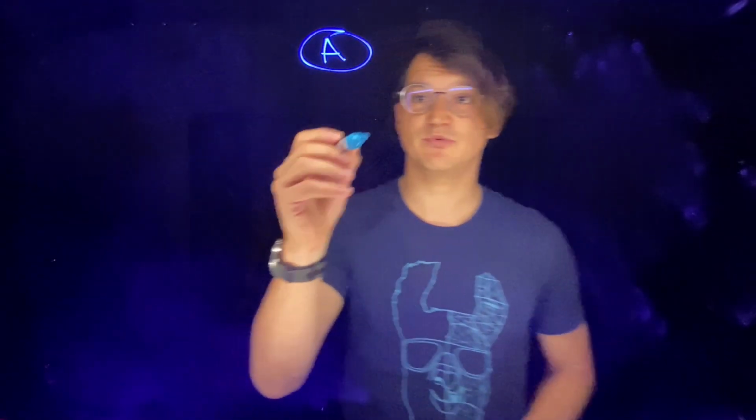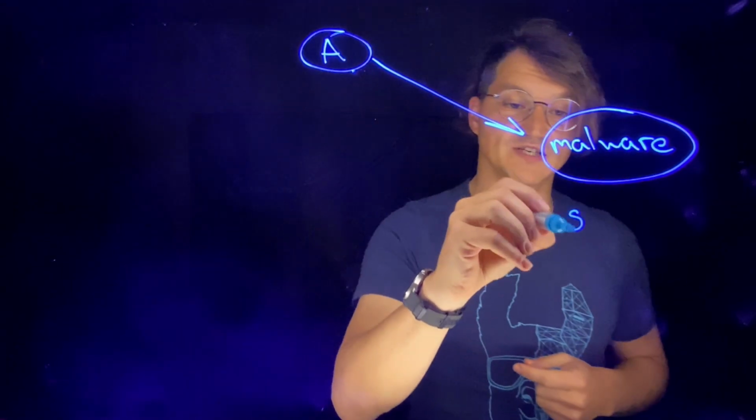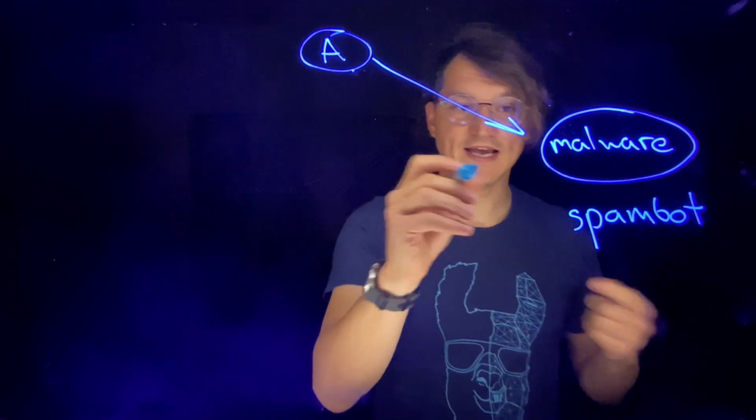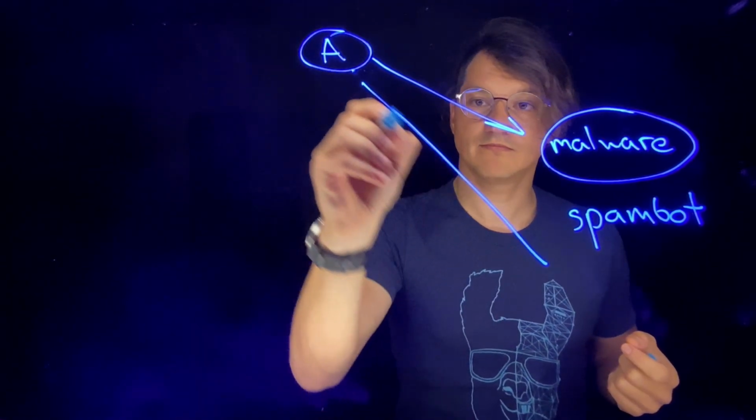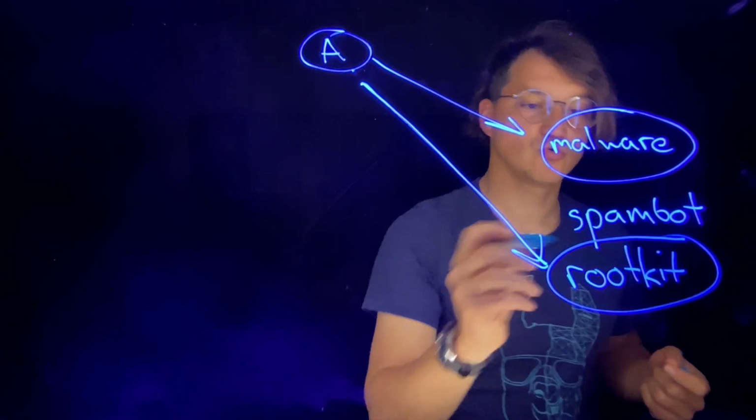So here the actor who wants to organize a malicious campaign and infect users, for example, to send spam, might not even possess all the technical knowledge, or any technical knowledge at all, to actually build such a campaign. Instead, what this person would do is first buy or build malware. For example, it could be a spam bot. They might even pay extra to another developer to build a rootkit to cover that spam bot.